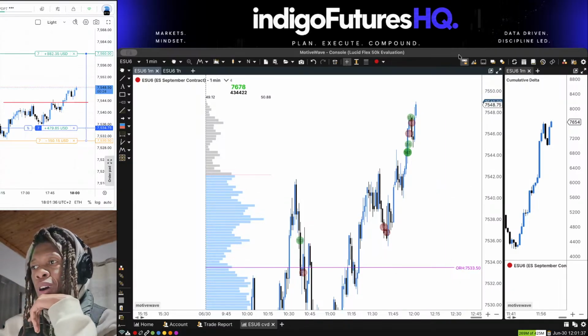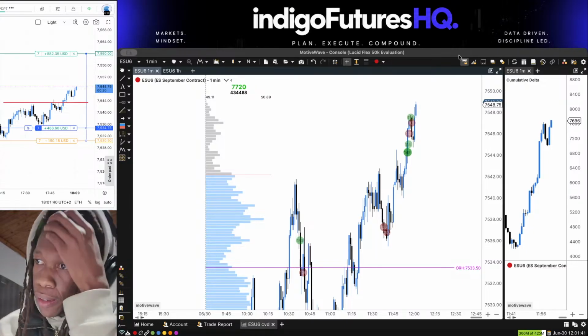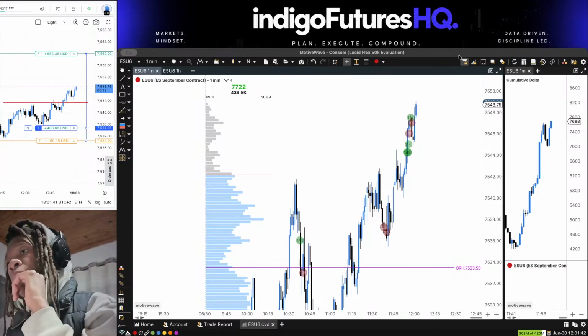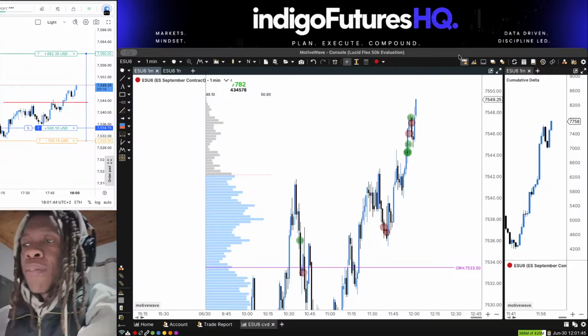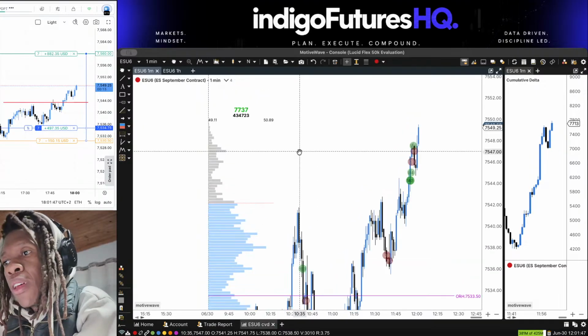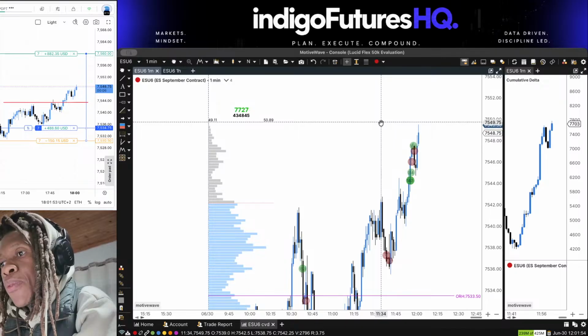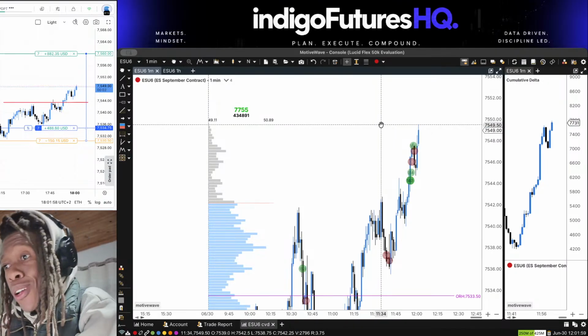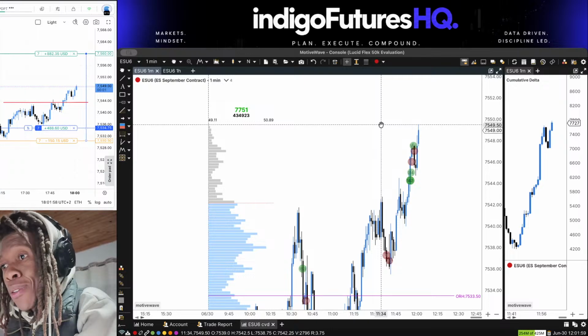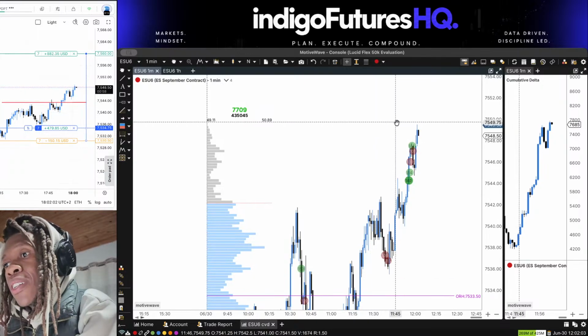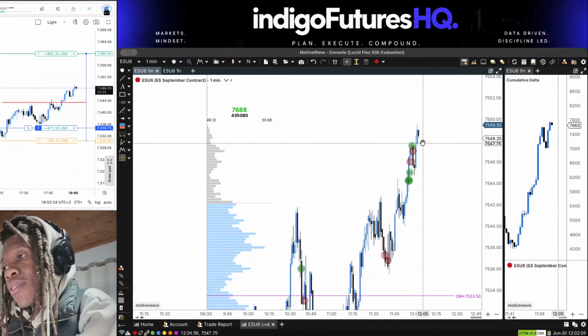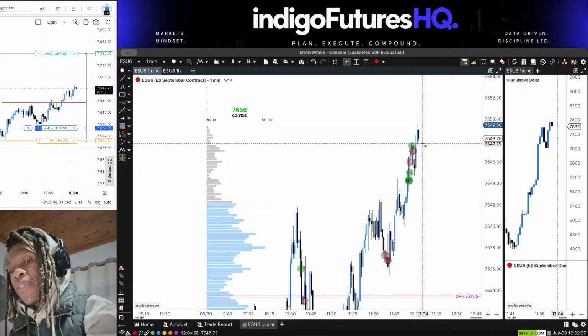I don't really want to watch my P&L because I feel like that's gonna make me take profit when I really don't want to. I think we still have a little more upside on this, and if we can get more, I would like to see us get a little more. 549.50, 550 is a psychological level, so do we hold that or do we break above that is also a question we need to consider.